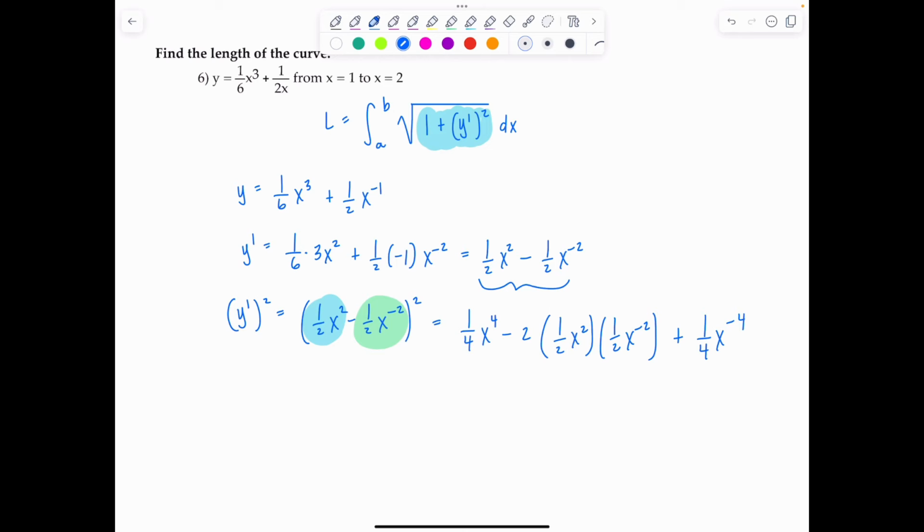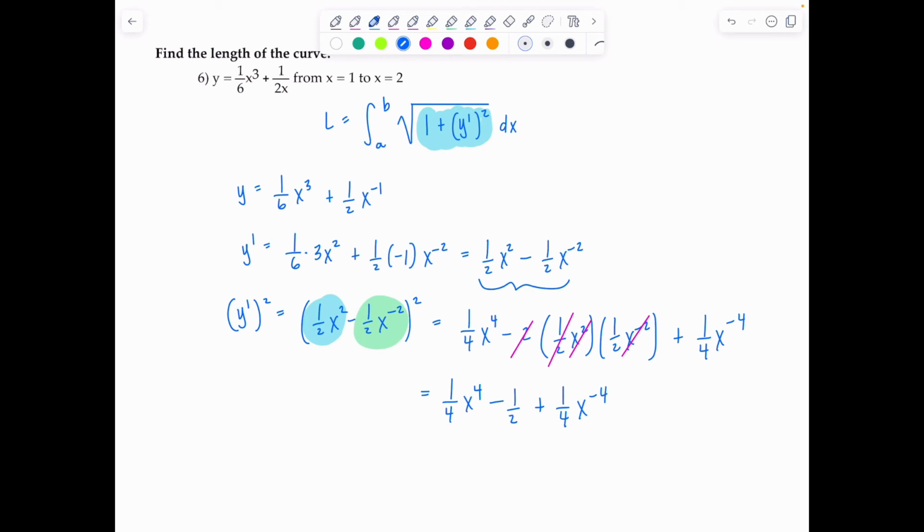And this is one of the classic little arc length problems where you're going to end up with a -1/2 in the middle, magically, because someone sat there and made sure it was going to happen, okay? So the 2 and the 1/2 cancel, and then the x squared and the x to the negative second cancel. Oh me, oh my, I just have a -1/2 here, plus 1/4 x to the negative 4th.